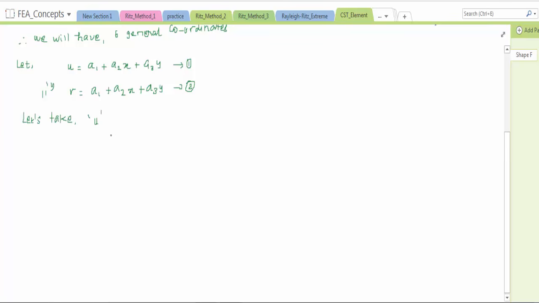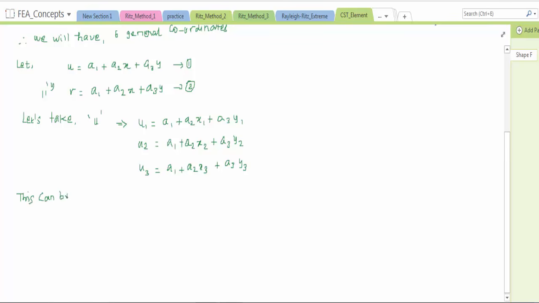Let us take only u now. It can be written as u1 equals a1 plus a2x1 plus a3y1, u2 equals a1 plus a2x2 plus a3y2, u3 equals a1 plus a2x3 plus a3y3.